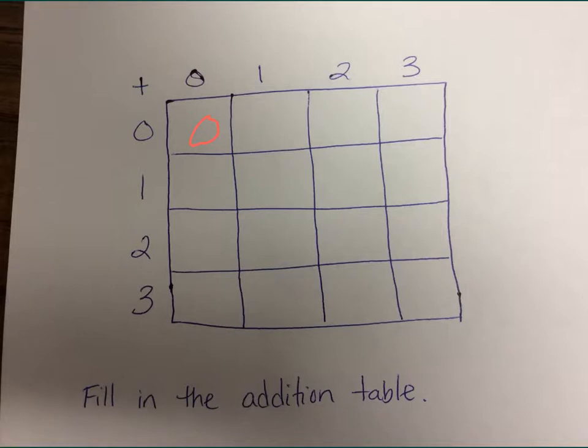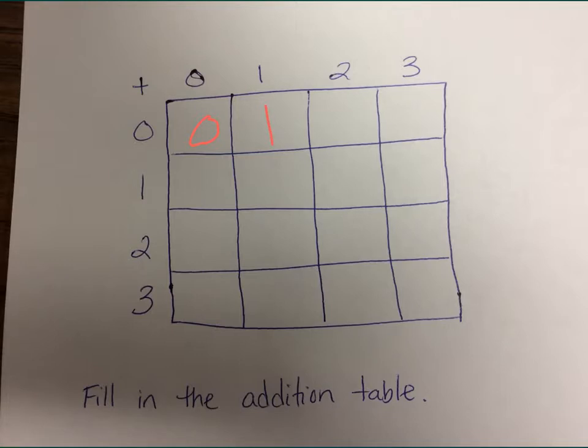If I wanted to keep going across, let's say I wanted to figure out this box. Well, this box is still in row 0, so I know I'm going to do 0 plus something, but it's in column 1, so that tells me I have to do 0 plus 1. 0 plus 1, I know is 1.